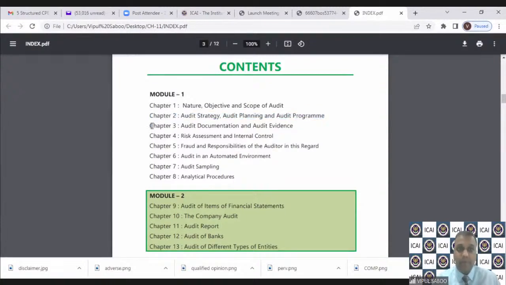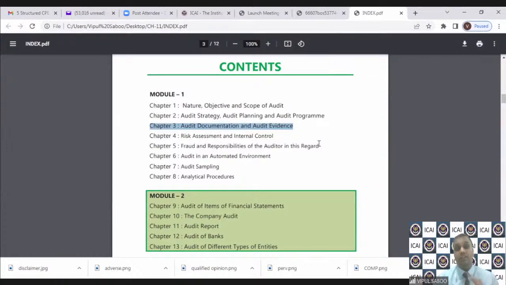Then came audit documentation and audit evidence. While we were continuing with our audit, what is documentation, what is its importance, and what are evidences, how to collect evidences, techniques of audit evidence, types of audit evidence, right?